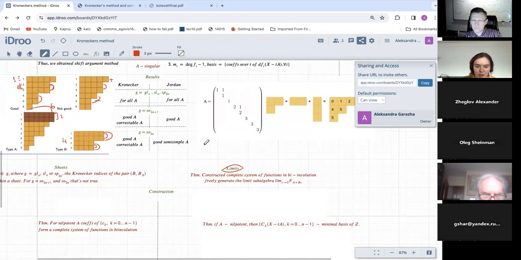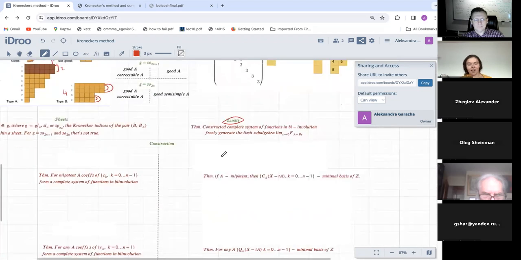And this complete system of functions in bi-involution that I constructed freely generates some of these limits. So we could say we found nothing new, because they generate already known subalgebras. But on the other hand, for these subalgebras, now we know their free generators.